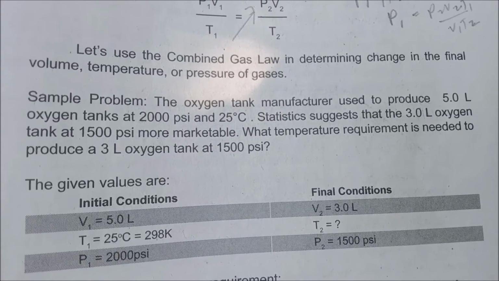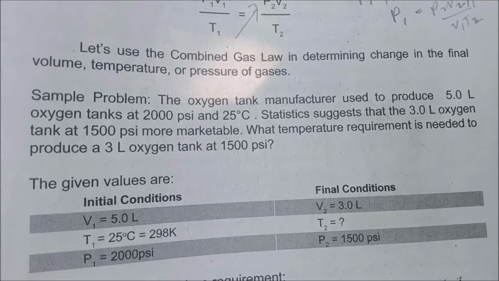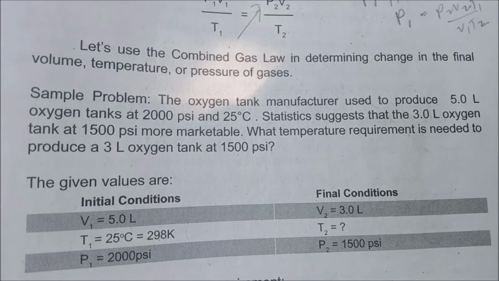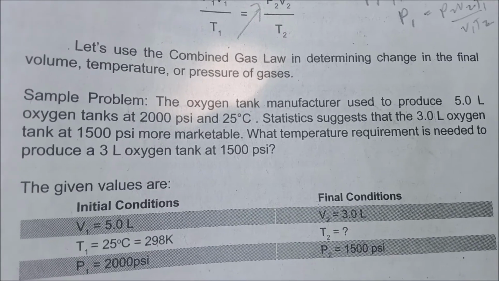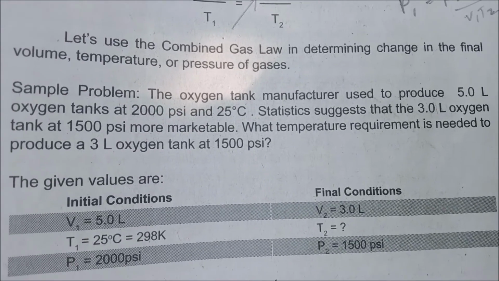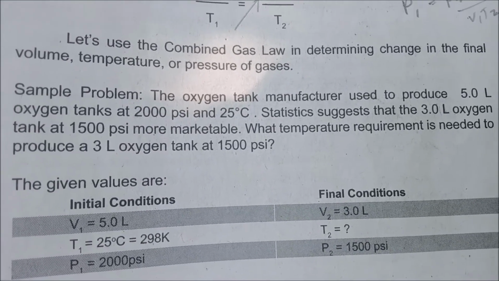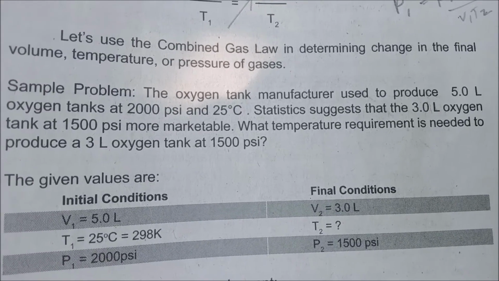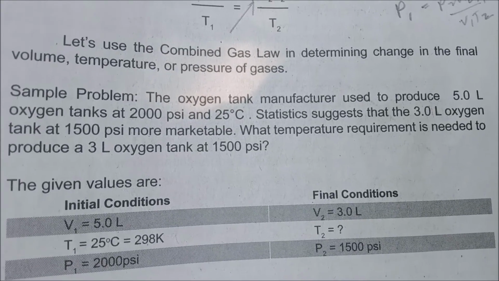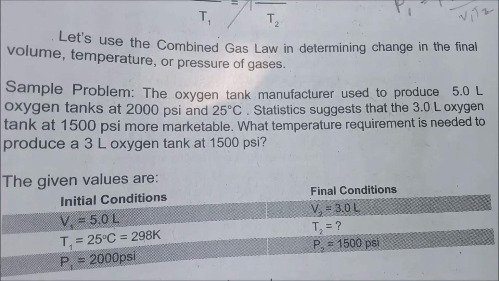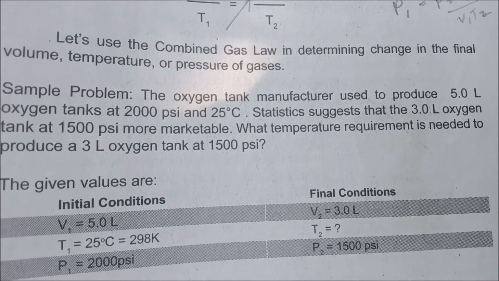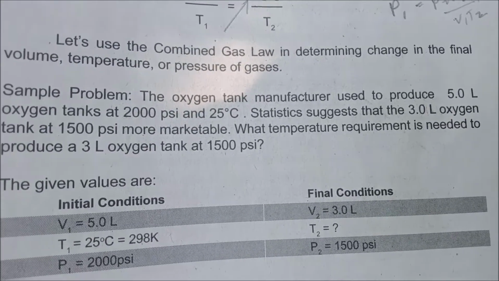Okay, so let's have the sample problem in your book to determine the changes in the final volume, temperature, or pressure of gases. Let's read the problem. The oxygen tank manufacturer used to produce 5-liter oxygen tanks at 2000 psi and 25 degrees Celsius. The statistics suggest that the 3-liter oxygen tank at 1500 psi is more marketable.